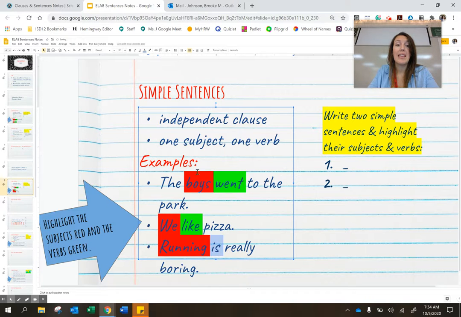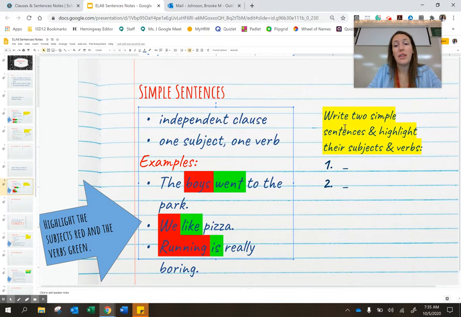And then is a verb. So your is, are, was, all of those are state of being verbs. So be looking out for those. Most sentences that we write, especially simple ones, just have that. Tacos are cool. So tacos are. Running is really boring. Running is.